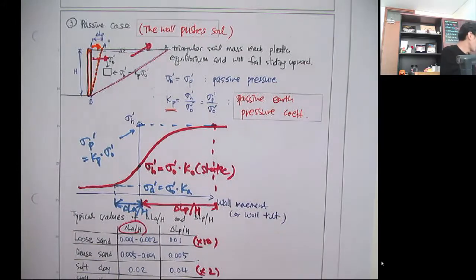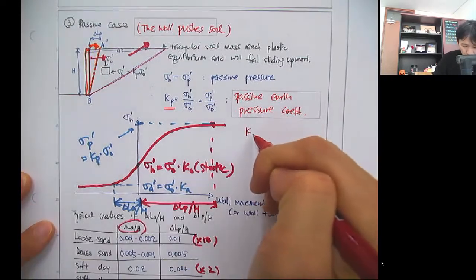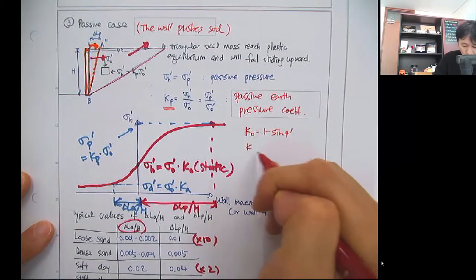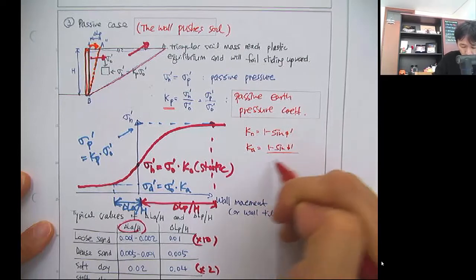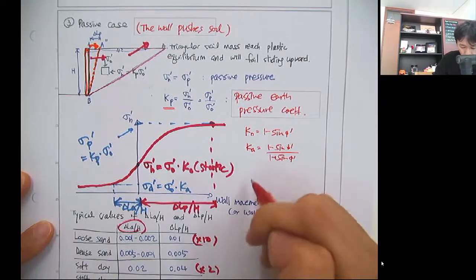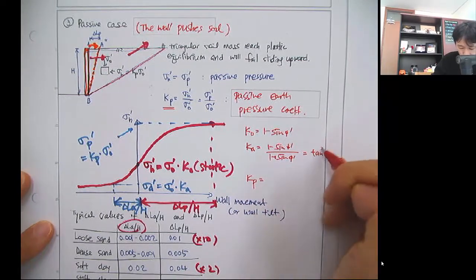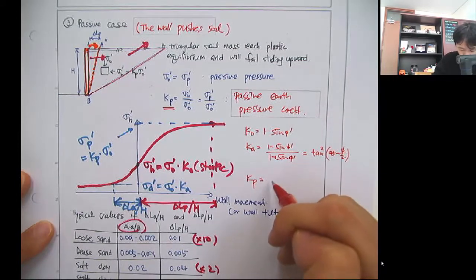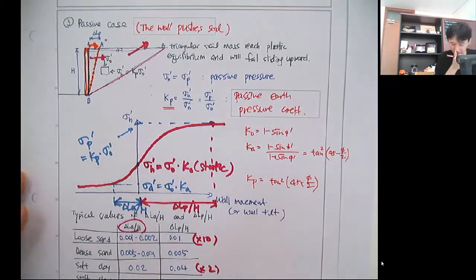So now that we have K naught is 1 minus sine phi prime, and Ka is 1 minus sine phi prime over 1 plus sine phi prime, and Kp is tangent square 45 plus phi over 2, and Ka is tangent square 45 minus phi over 2.